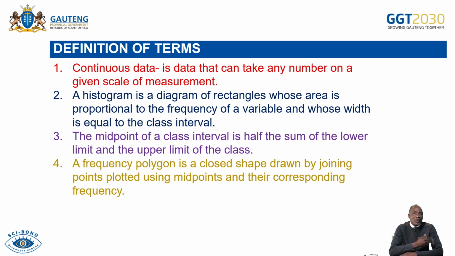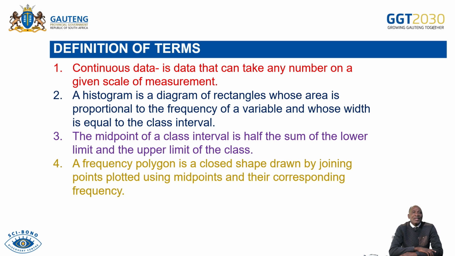So one bar connects to the other bar right up to the end of our classes. So our information in this case is going to be grouped into classes, and those classes will have some particular intervals. Right, the intervals may be uniform, they may not be uniform, but it depends on your data analysis and the way you decide to group your information.